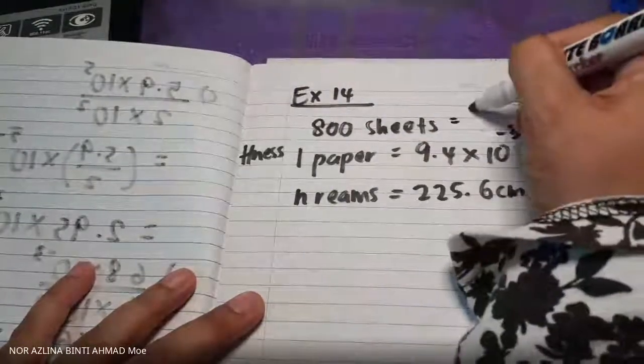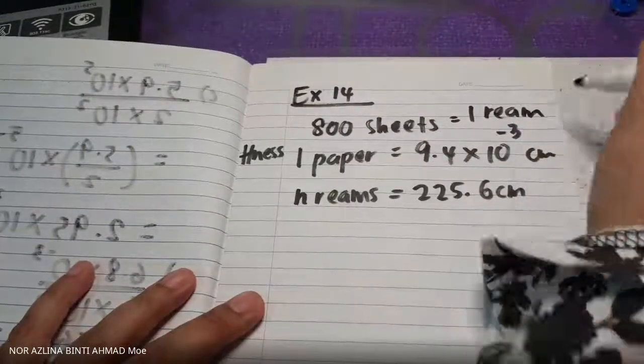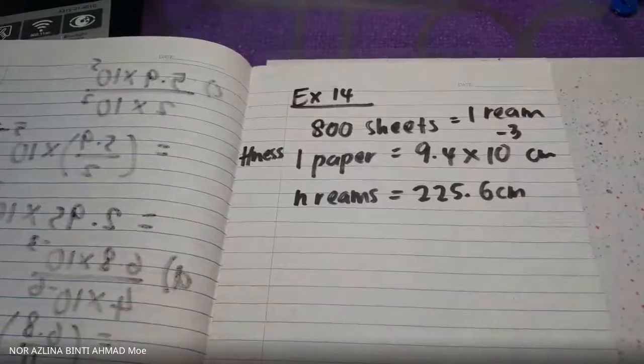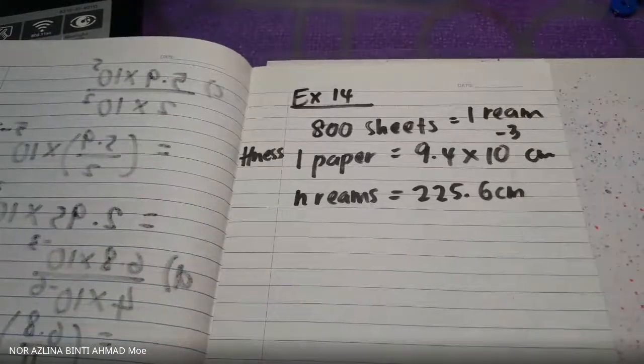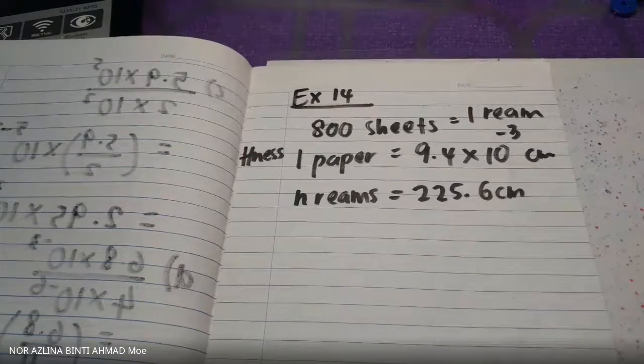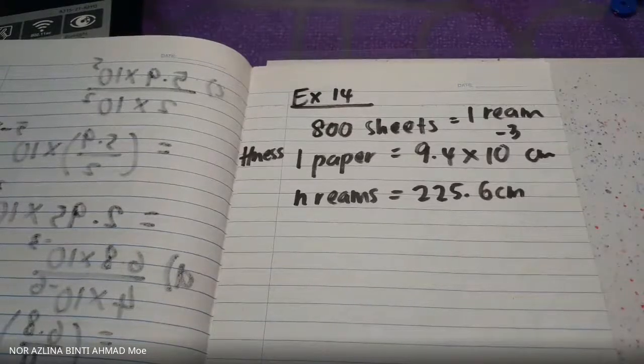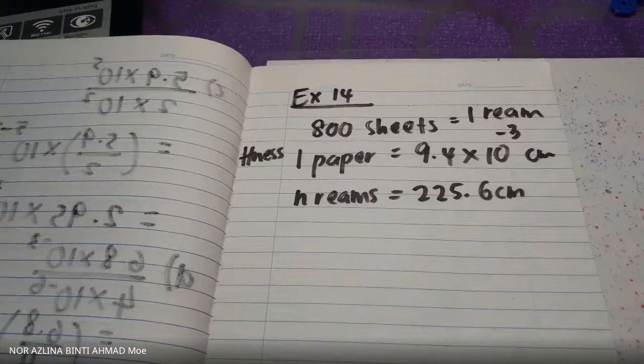Calculate the value of n. Okay. One ream equal to 800 sheets. Thickness for one paper is 9.4 times 10 to the power of negative 3. For n reams, the thickness is 225.6 cm.